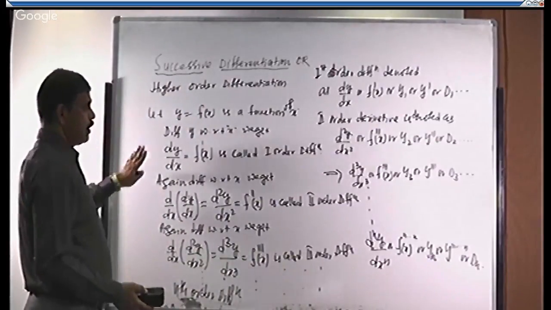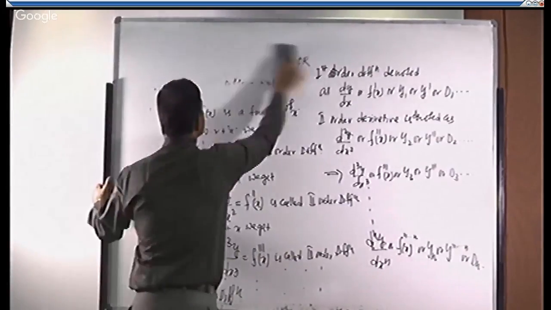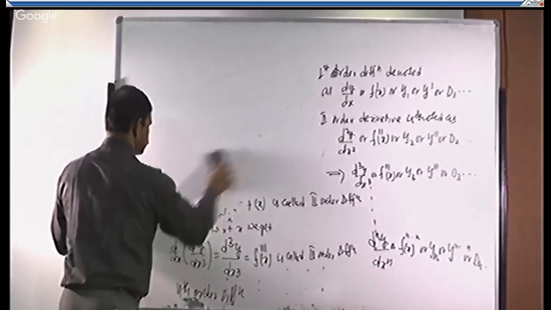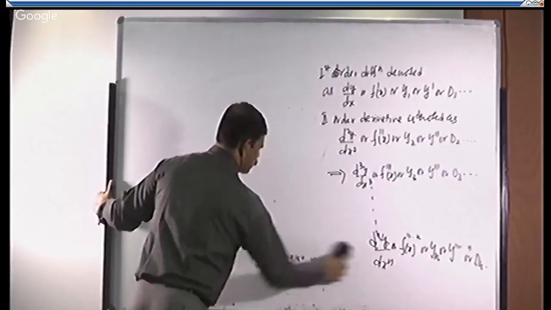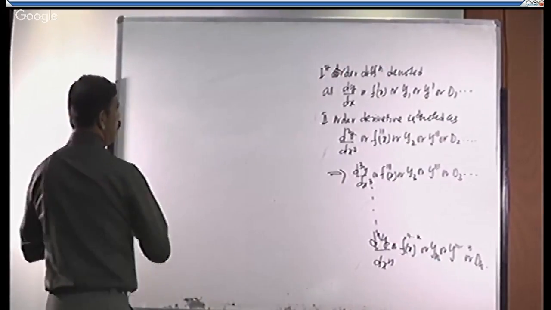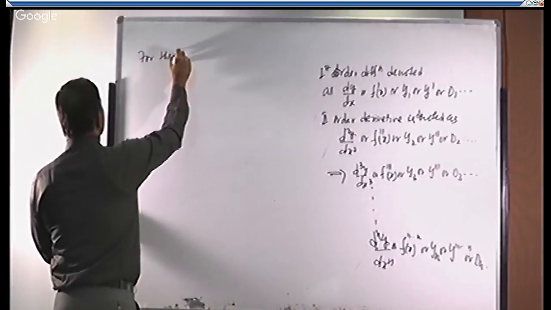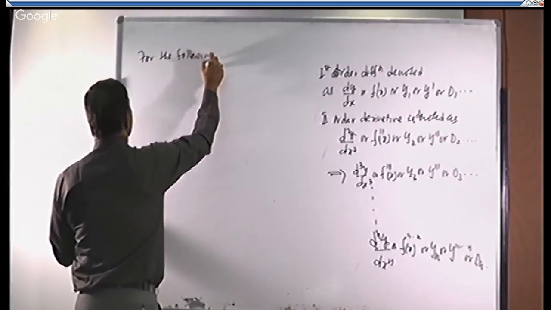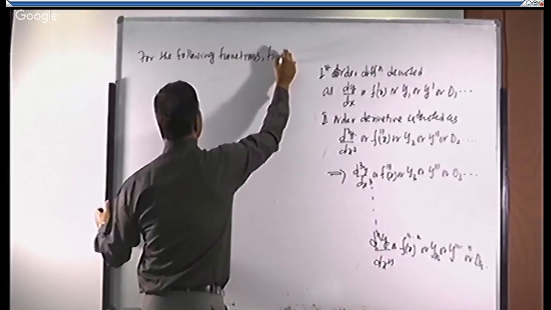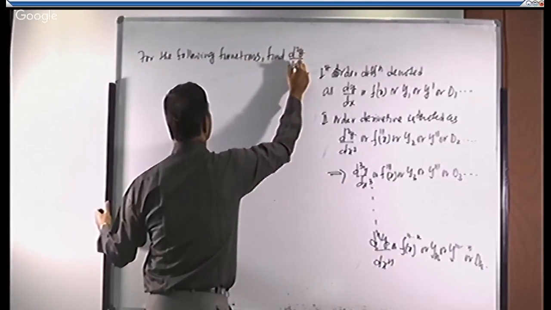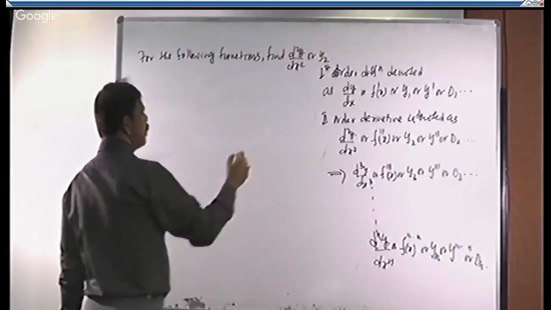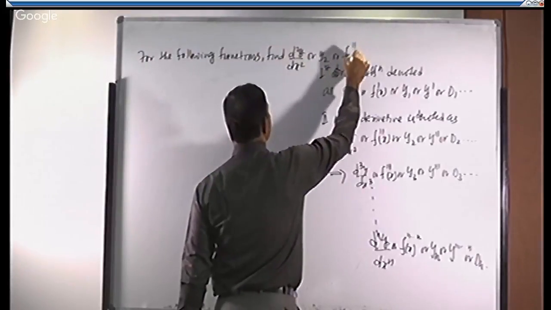Okay, let us take a few examples. For the following functions, find d square y by dx square, or sometimes it will be called y2, or it is also called f double dash x.